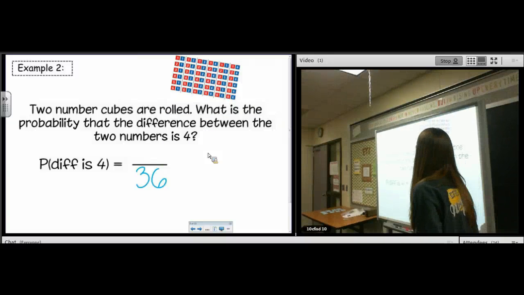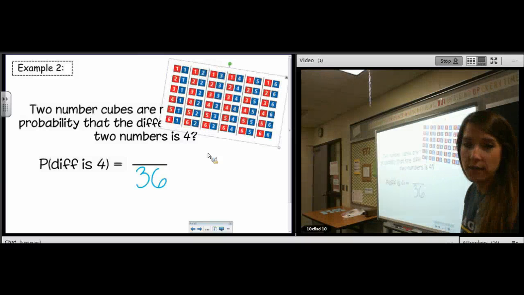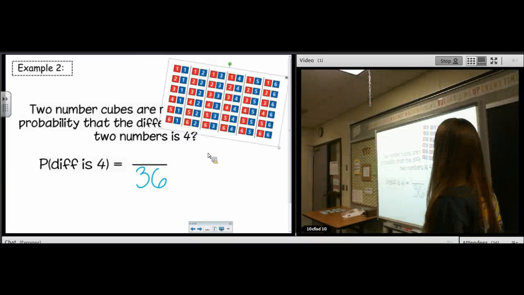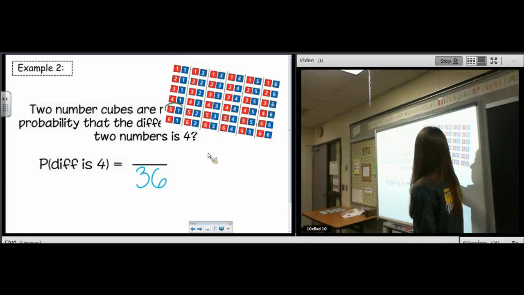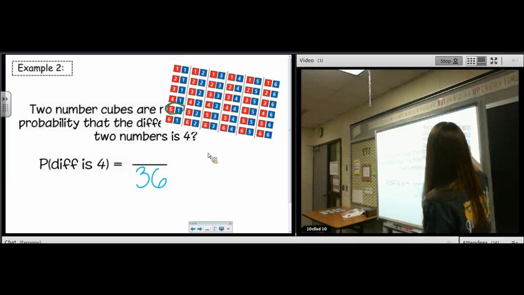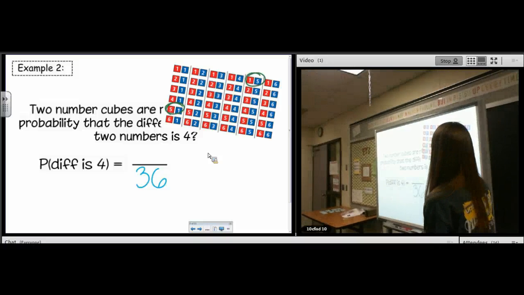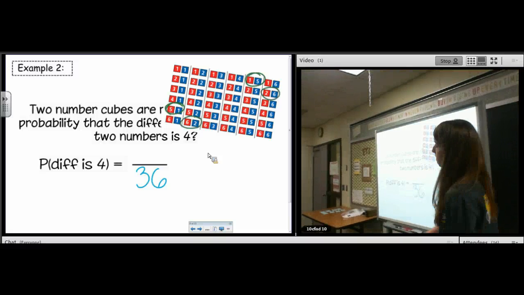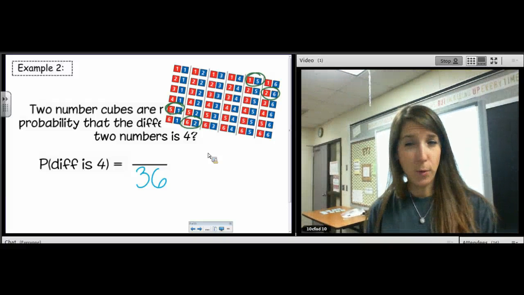Now, how many of those, when you subtract them, do you get 4? You could just find them on the chart. 5 minus 1. So then we'd also need to grab 1 minus 5. What else? 6 minus 2. So we have to do 2 minus 6. Sound good? Anything else we can make a 4 out of by subtracting?